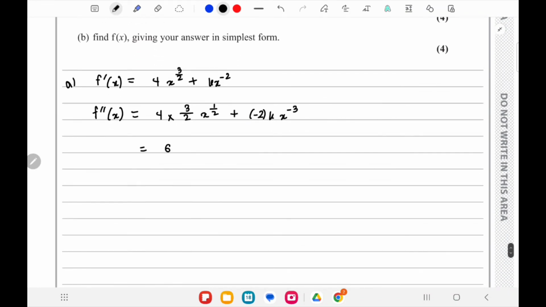So we'll have 6 x to the power half minus 2k by x cube.